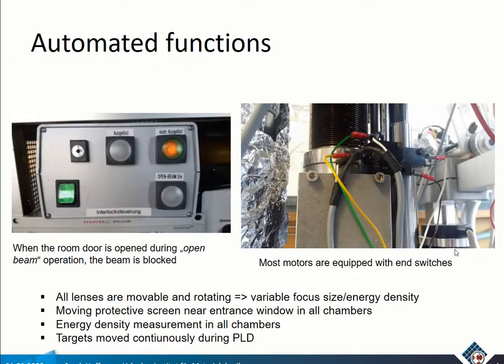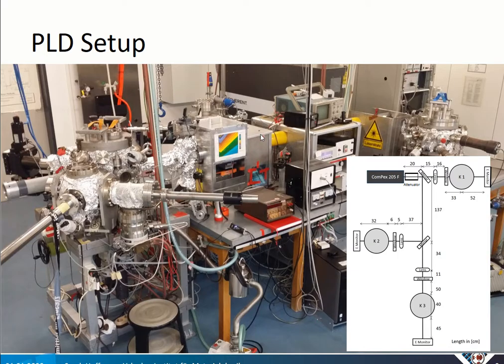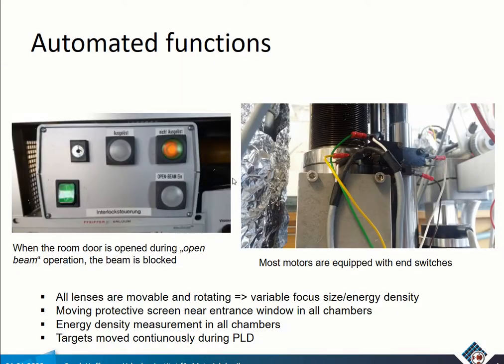What is in general interesting about these setups, we have some automated functions. We have an interlock system, meaning when one of those boxes here, those aluminum boxes like this one here, is opened, we have a switch that is directly connected to a lamp outside the lab at the door.